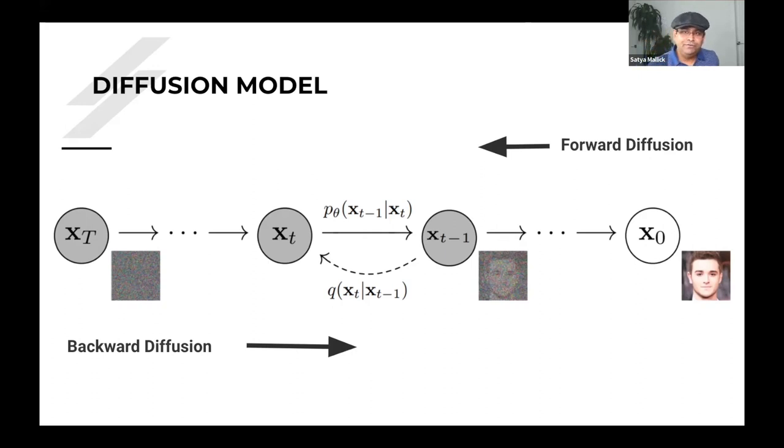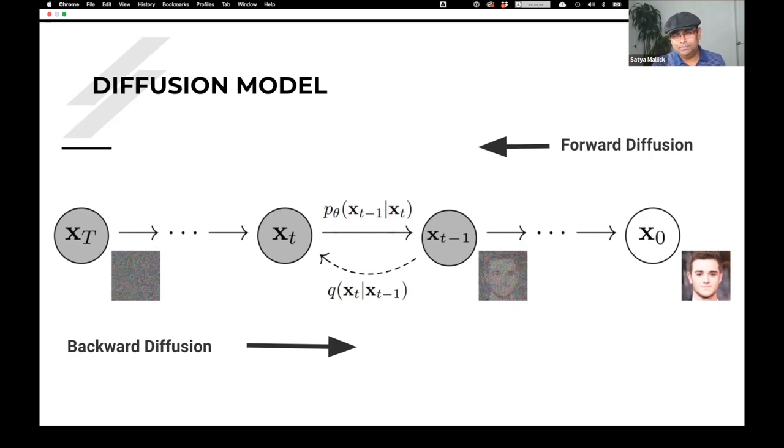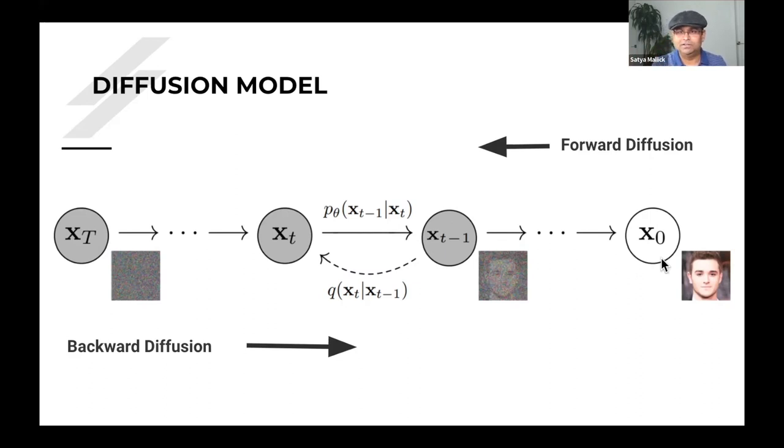On the other hand, in diffusion models, there are two processes going on. You start with an original image and a small amount of noise is added, right? And in the second step, this is a slightly noisy image. You start with the original image, a small amount of noise is added, and then you add another small amount of noise, another small amount of noise, and so on and so forth.